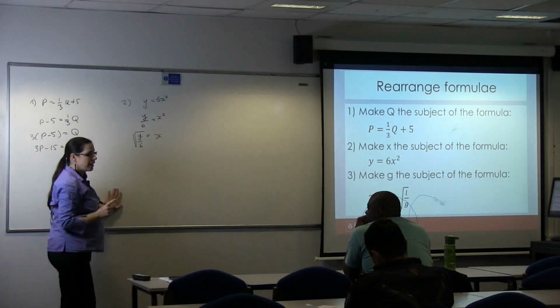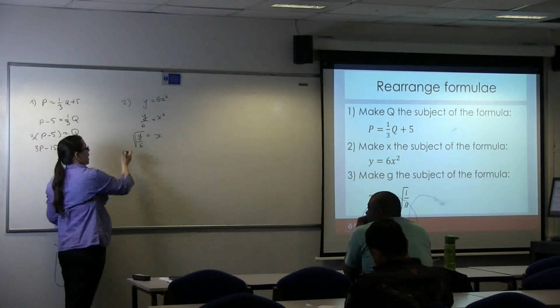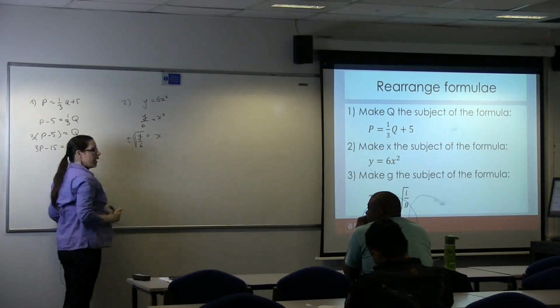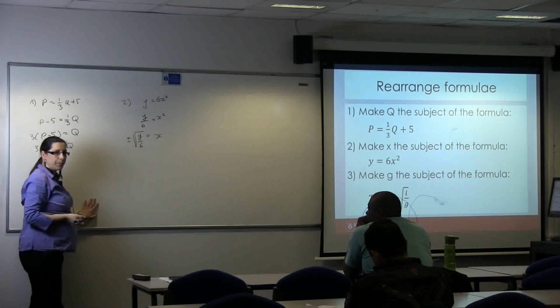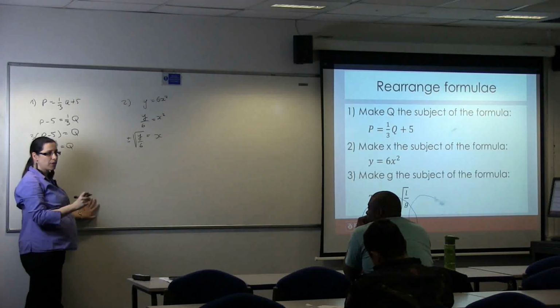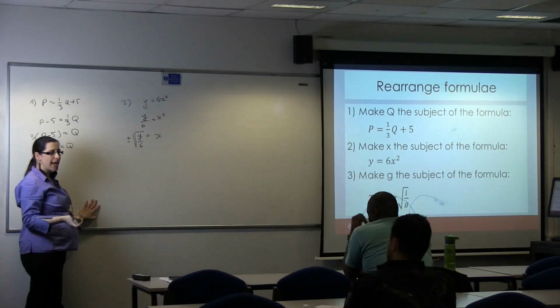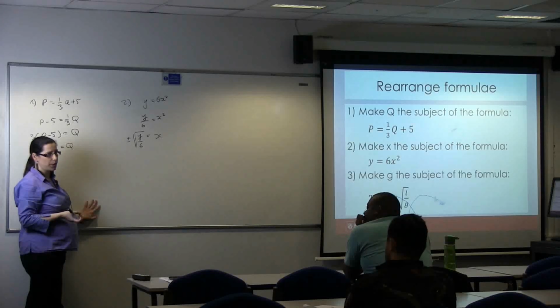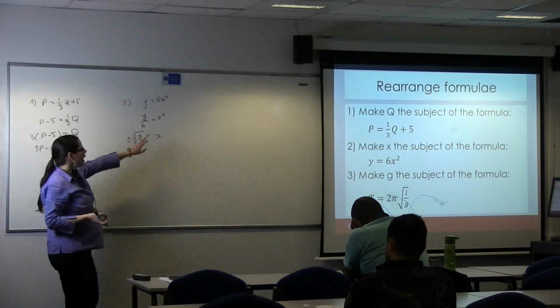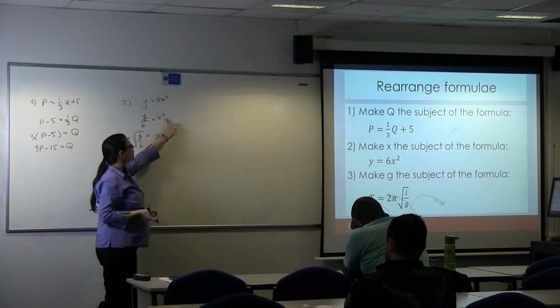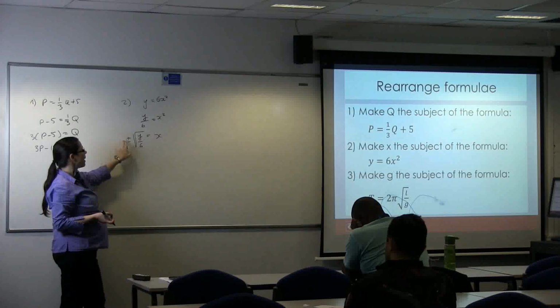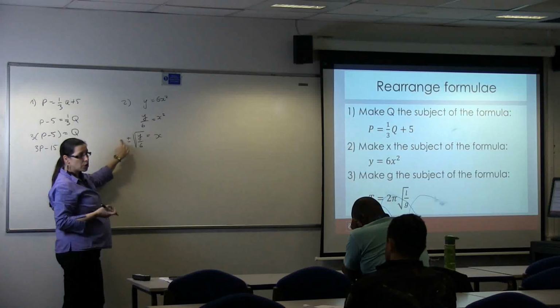But not just simply the square root, I need to put the plus minus in here. Why? Because minus 3 times minus 3 gives me positive 9 the same way as 3 times 3 also gives me positive 9. So whenever I undo the square, I always have to put the plus minus in there because it usually gives me 2 solutions.